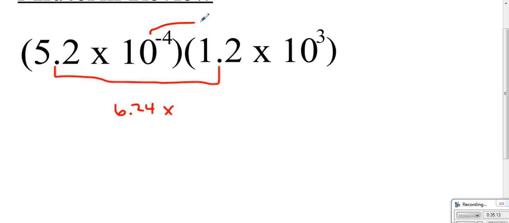What do you do with the exponents when you're multiplying? Well, you add them. So on the side, you go negative 4 plus 3, which is negative 1. You leave it. That's good. Scientific notation.